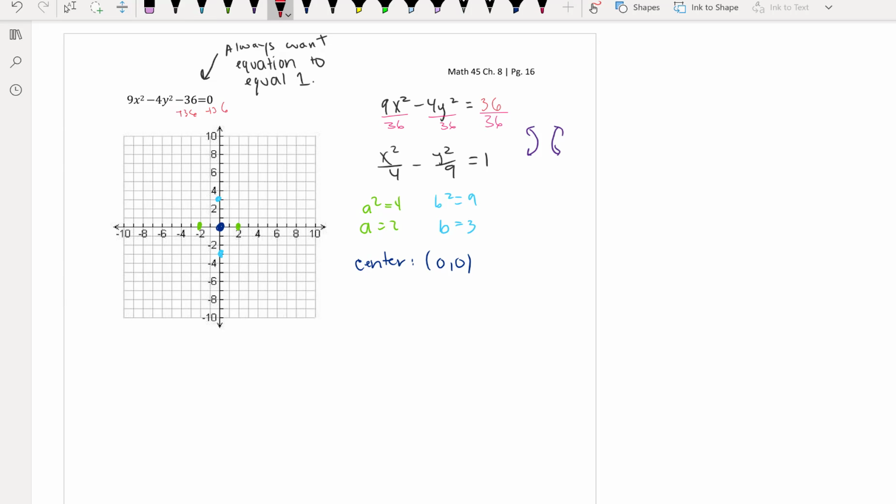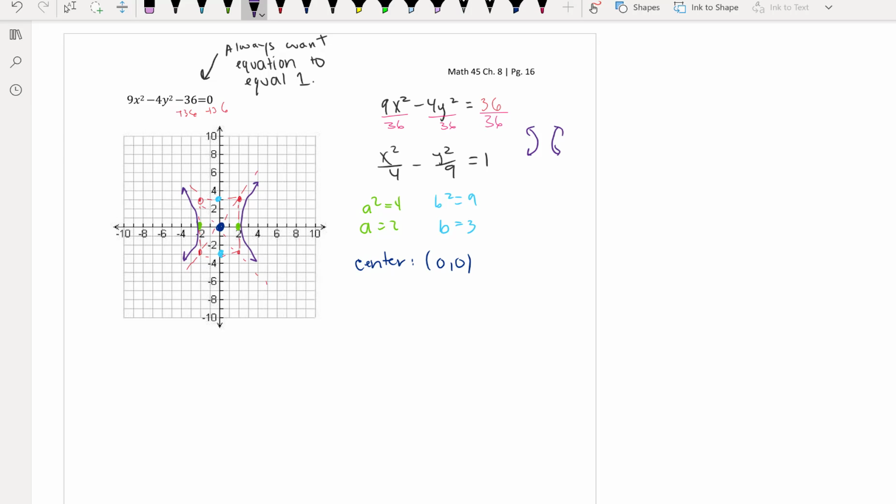So that gives me my outline of my box. And I know that the corners are my asymptotes through the center. And since this is going along the x-axis, this is what my shape looks like. Okay.